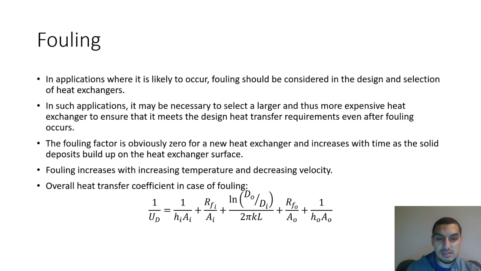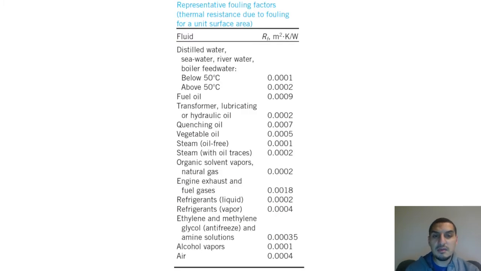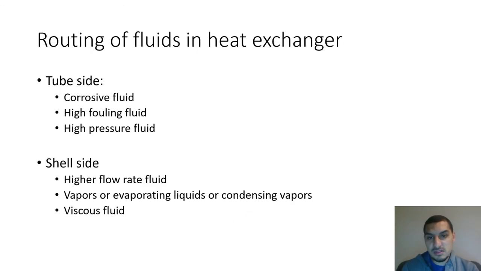This is important to make sure that it is not going to mess up the equations and the design that's being done. This table shows some materials or fluids and the fouling factor that is used in each of these cases in the design of a heat exchanger.